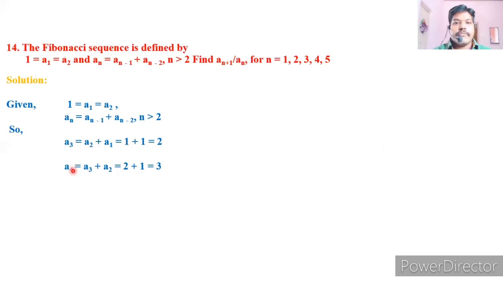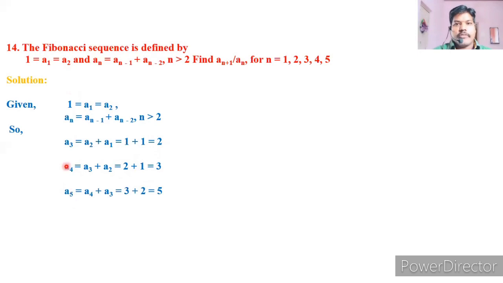See students, what is A4? A4 is nothing but A3 plus A2. A3 value you already calculated is 2, and A2 value is 1. Replace the values here, 2 plus 1 becomes 3 only. After getting A4, calculate A5.